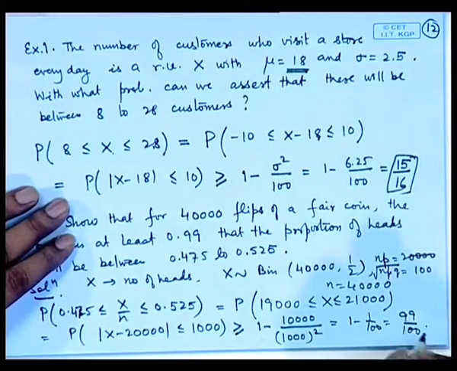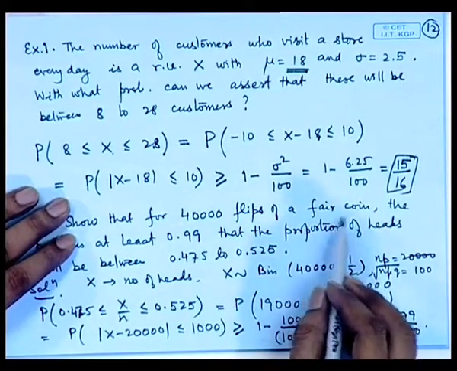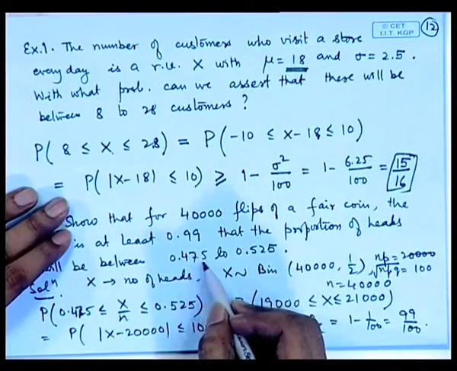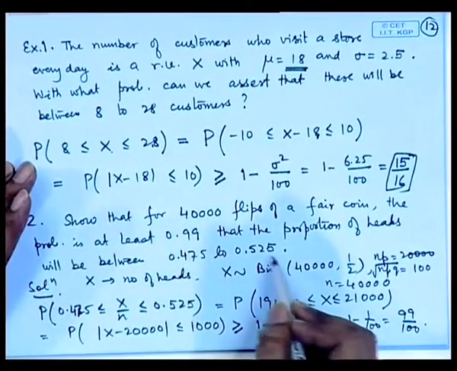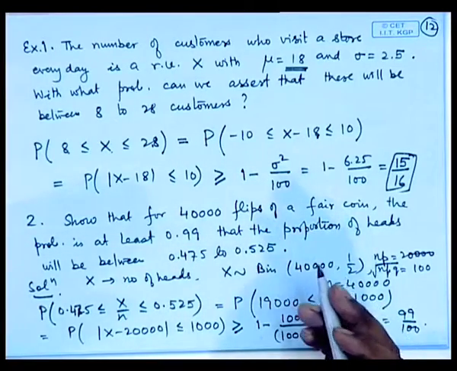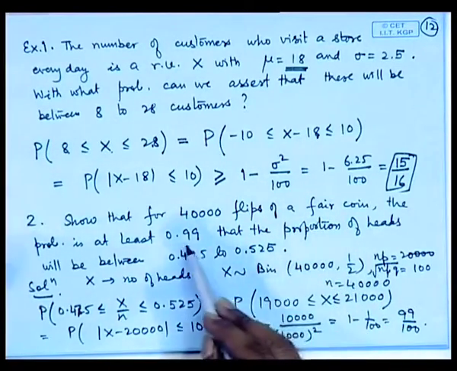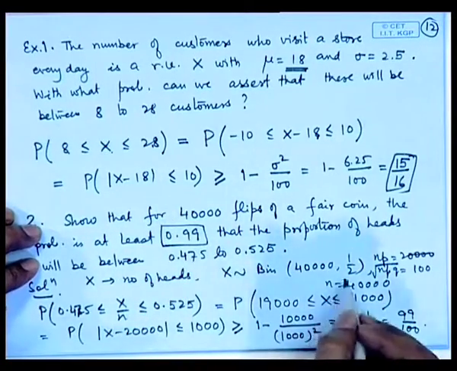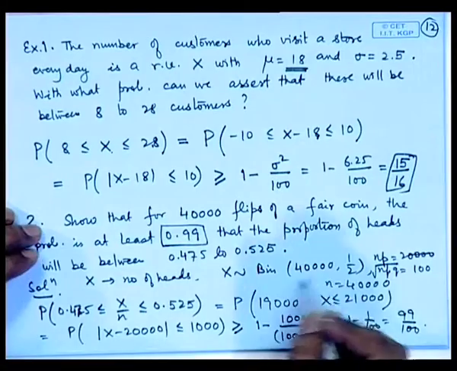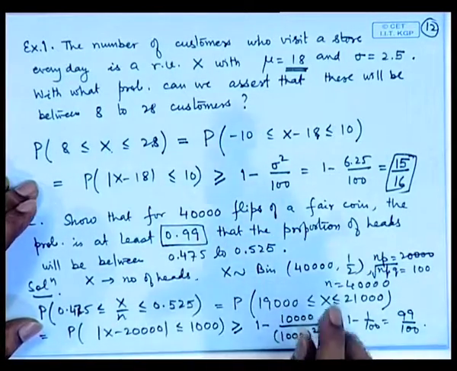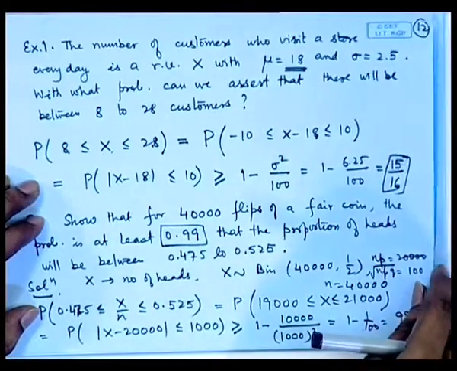So, if it is a fair coin, the probability that the proportion of heads is between 0.475, that is 47.5% to 52.5% heads in 40,000 tosses of a fair coin, is at least 0.99. Here we can even get an appropriate exact value of this, but that is too complicated. So, it is a simple solution for a complex looking situation.